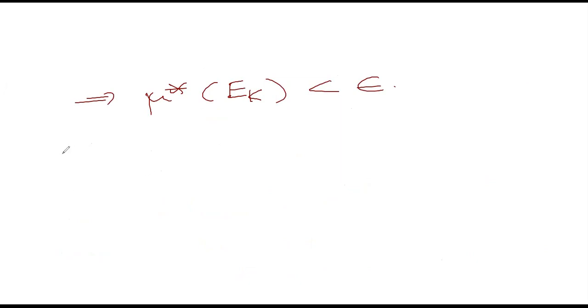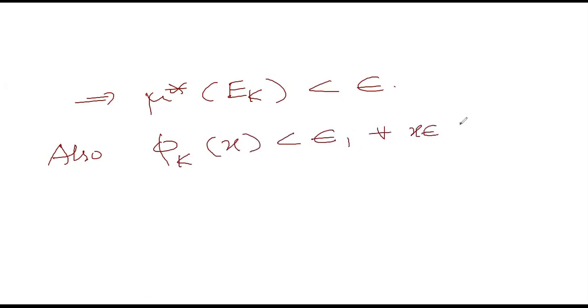So also phi k of x will be less than epsilon for all x which belongs to B minus Ek, where B is the set where phi 1 of x is positive. So if x is not in Ek, it means that phi k of x must be less than epsilon. Let's see the definition of Ek.